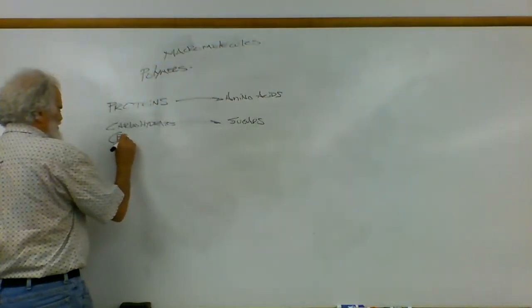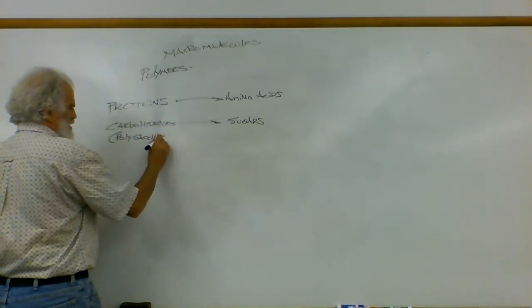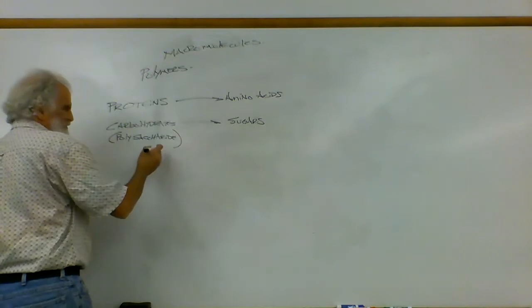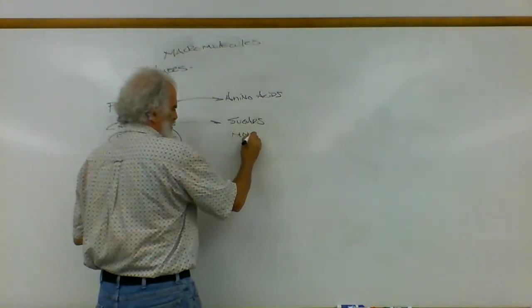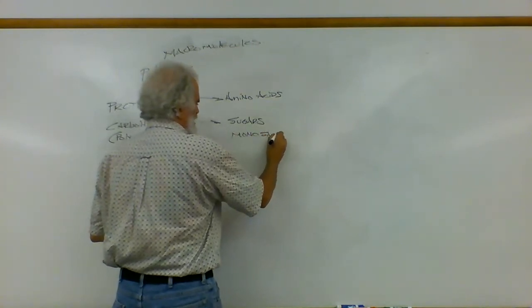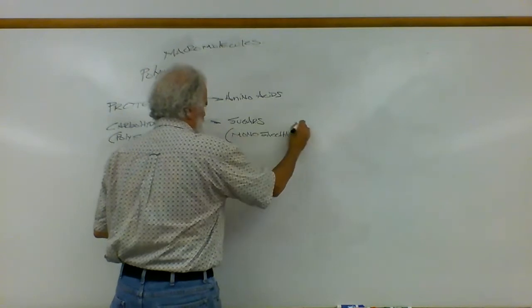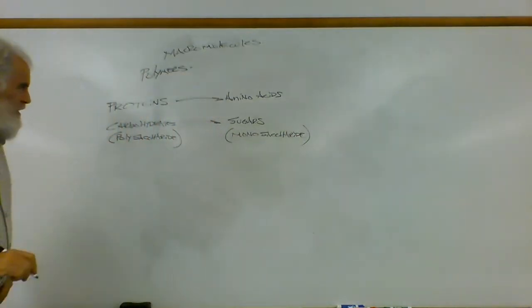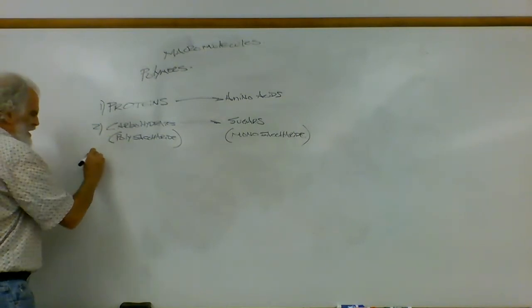So a polysaccharide. Not very creative, because the monomer is called a monosaccharide. All right, so that's number 1.